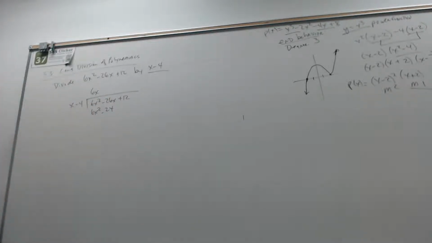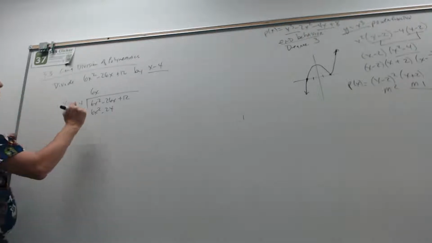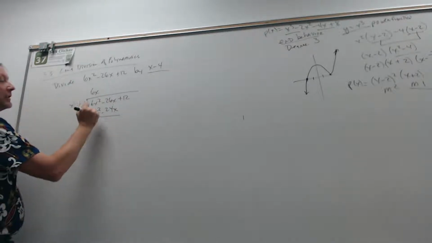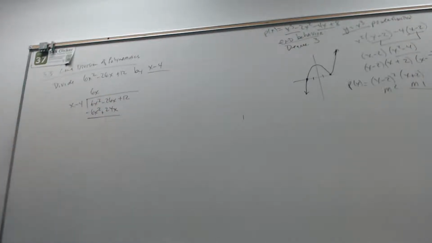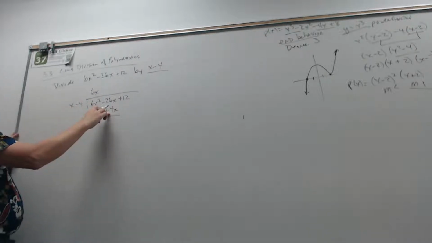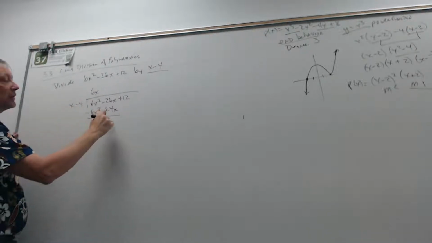Now, the idea here is I want you to subtract. So that means you're going to change these signs. So 6x squared minus 6x squared is 0. Negative 26 plus 24 is negative 2x.